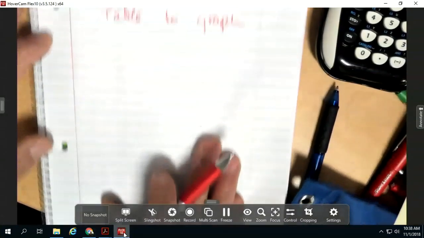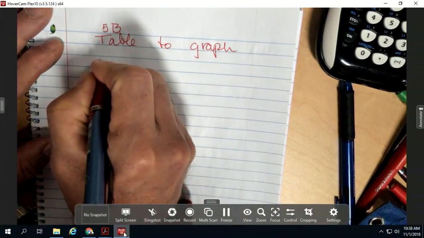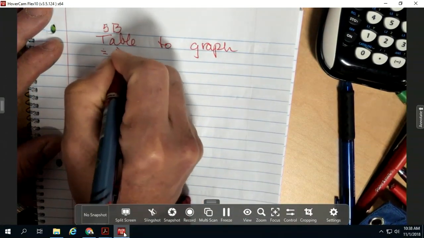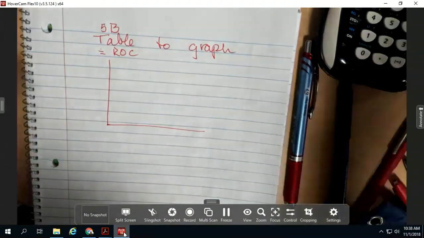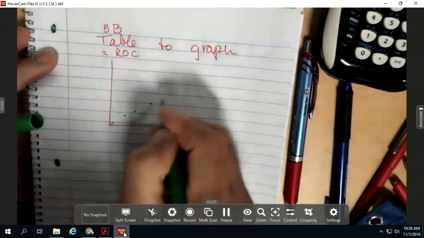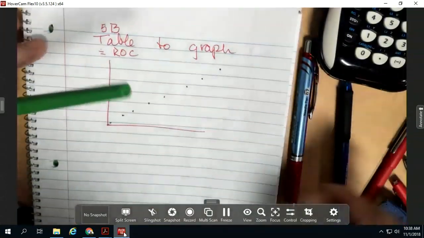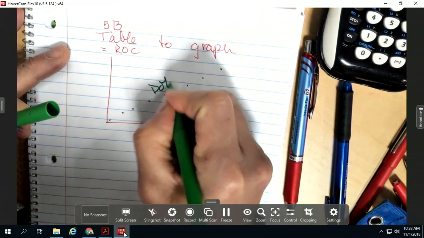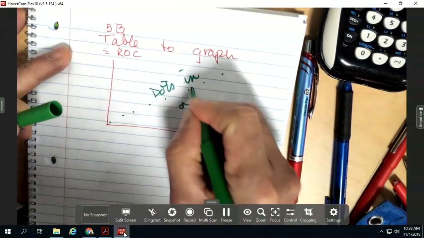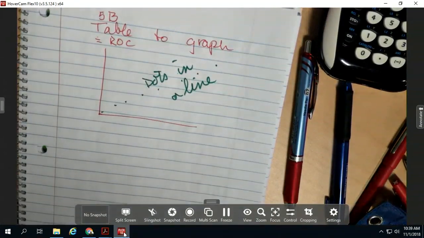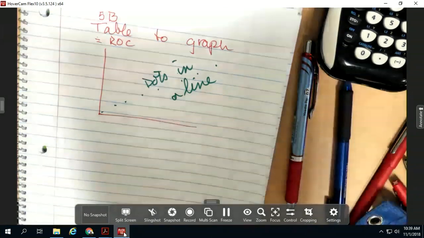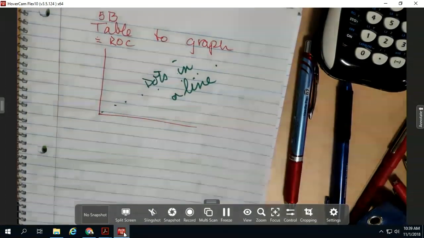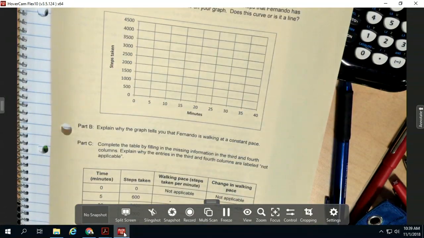So when we came from the table, we had equal rates of change. The graph, the dots were in a line. But now it says something else here on page 72, part B. Explain how the graph is telling us that he's walking at a constant pace.